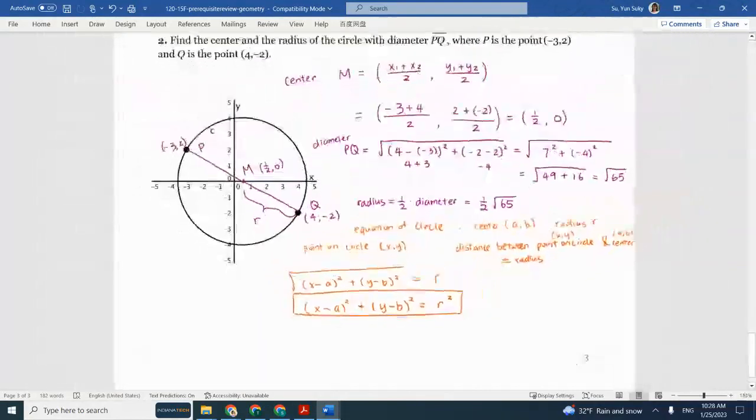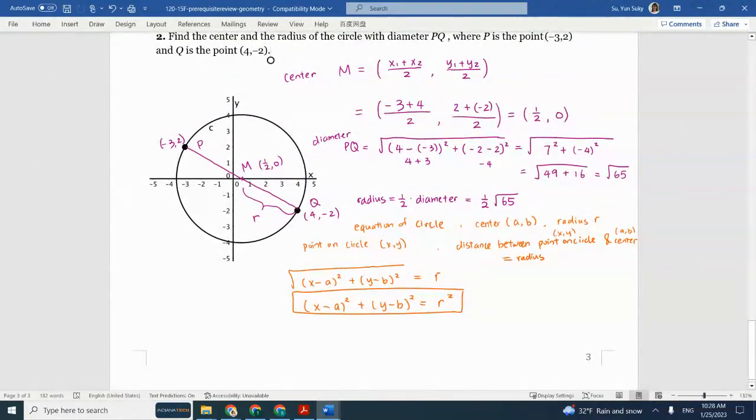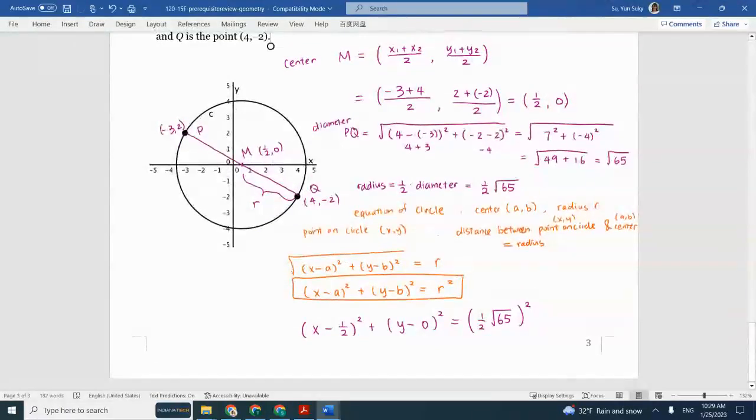And now come back. In our case, our center is 1/2 and 0. So we plug in x minus a, where a is the x coordinate of the center, which is 1/2, plus y minus b, where b is the y coordinate of the center, which is 0, equals r squared. R is 1/2 times the square root of 65, squared. Let's simplify it.